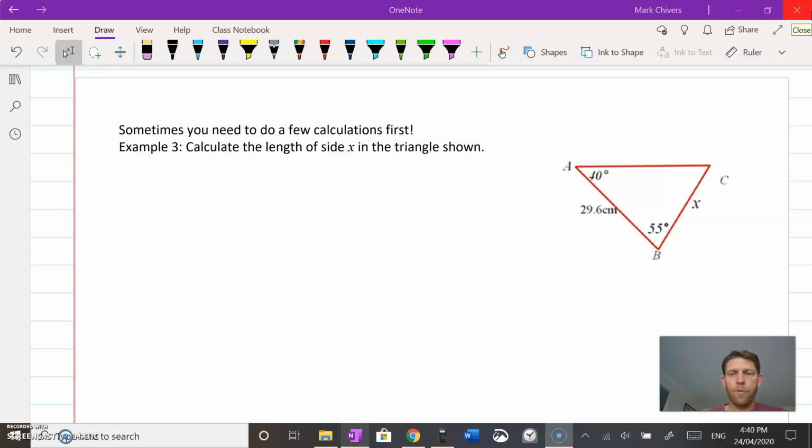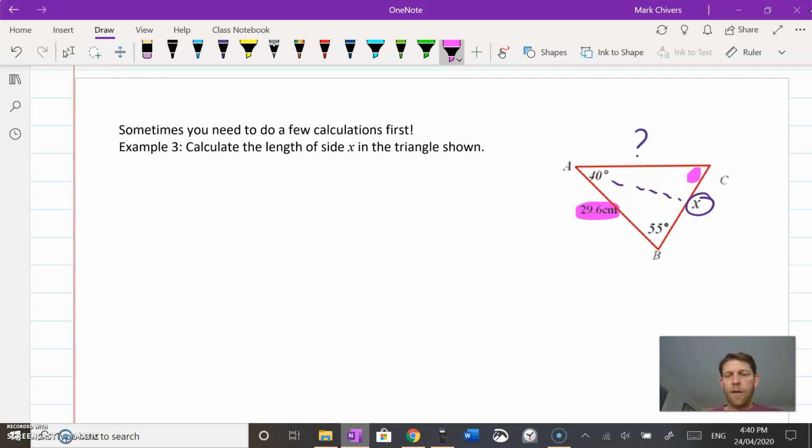For the next example, we have all the information we need, but not in the form we need it. So obviously, it's quite easy to see that this particular angle here is opposite the side we need to work out, so that's important. But the angle that's given there, the other 55 degrees, is opposite a side we know nothing about. So what we'd be better off doing is knowing, well, really what we want to know is this angle here, because that's going to correspond with that number there.